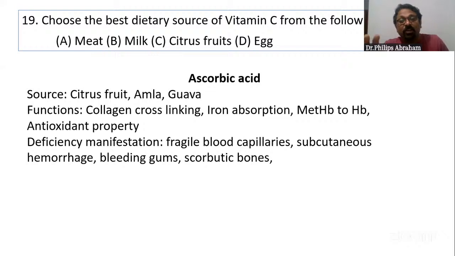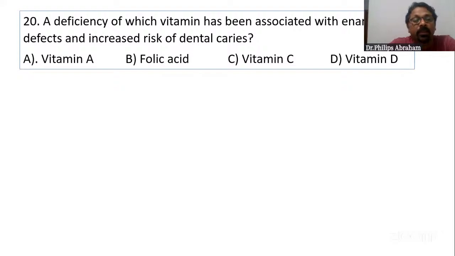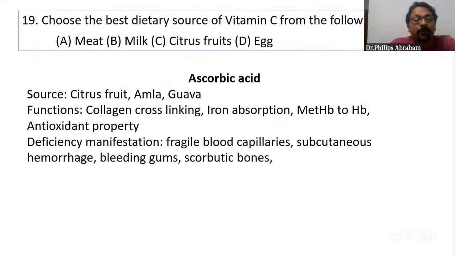Because of this reason, there will be anemia too. Hypochromic microcytic anemia, because our hemoglobin is less, and hemoglobin gives the color, so less color. When the hemoglobin level is less, RBC size reduces, so hypochromic microcytic anemia. That's about the question on vitamin C.